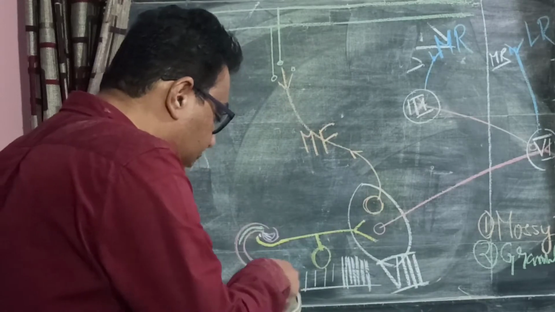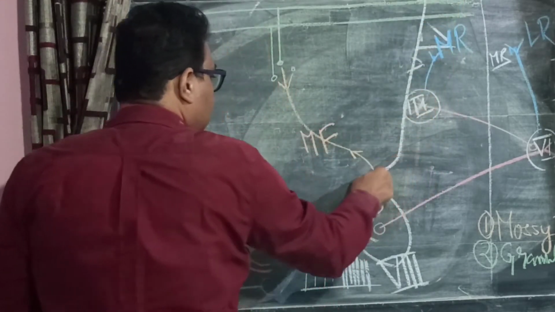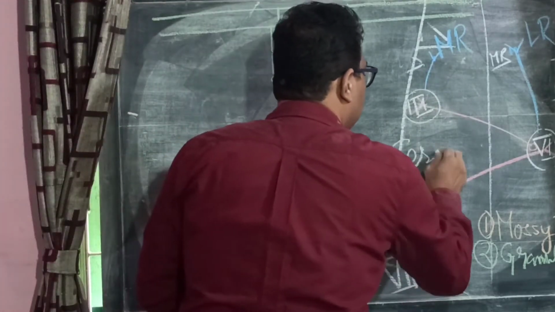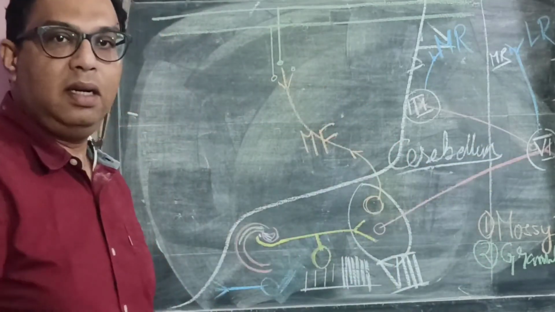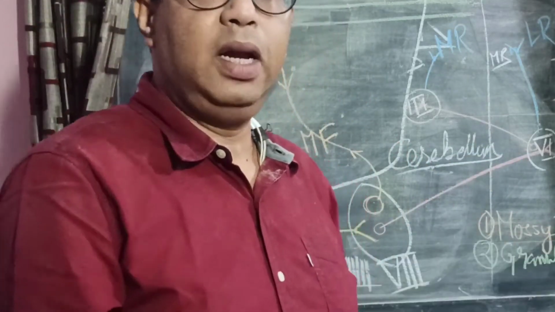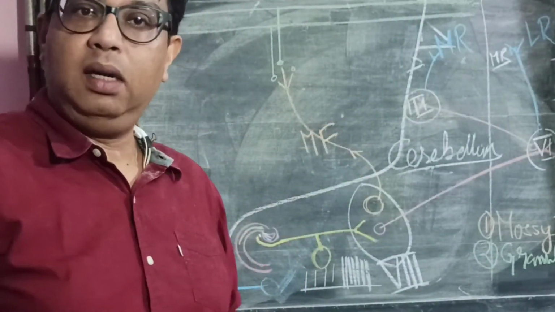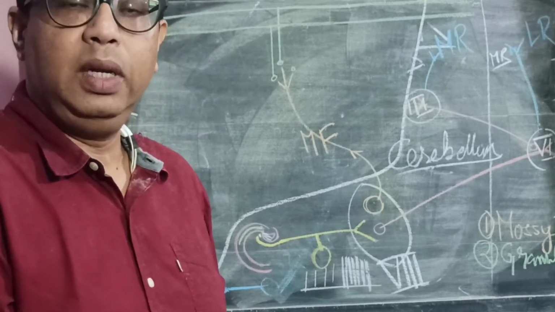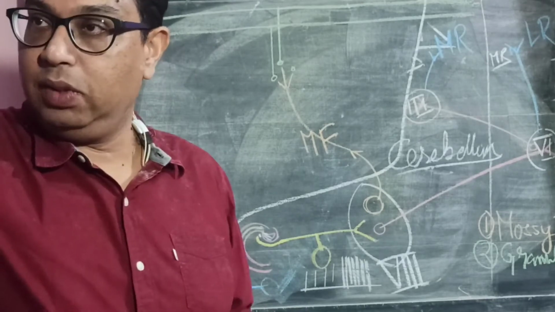We are in the cerebellum. So what we are doing? We are trying to understand how the cerebellum corrects any error of the VOR, and also further down in other classes we will learn how the cerebellum uses this kind of circuit to bring about correction of the smooth pursuit.